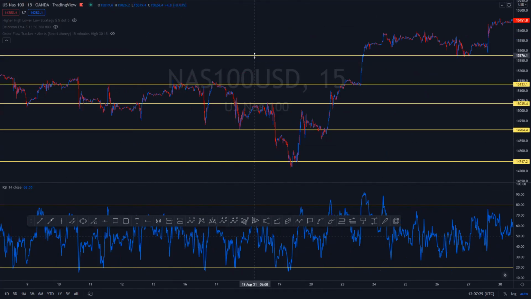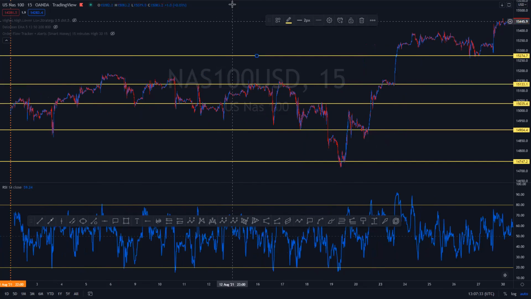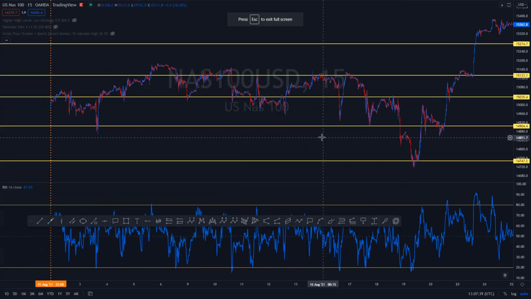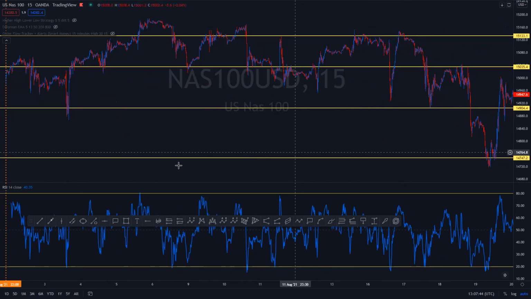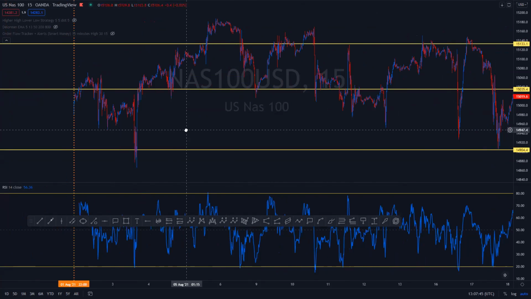So I'm going to kind of phase it this way. And now that I've marked that up, then I'm going to mark up my supply demand zones off of these horizontal lines.